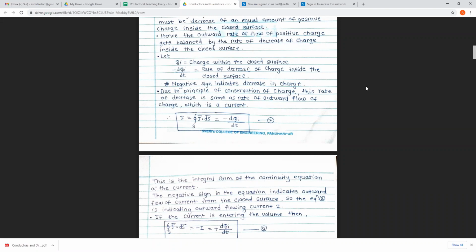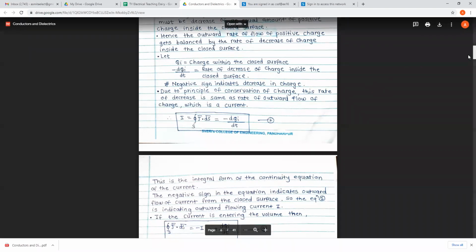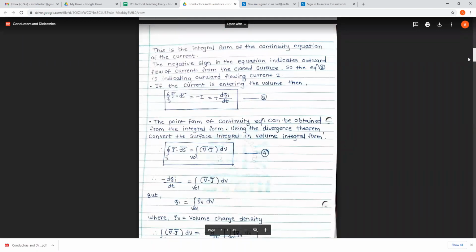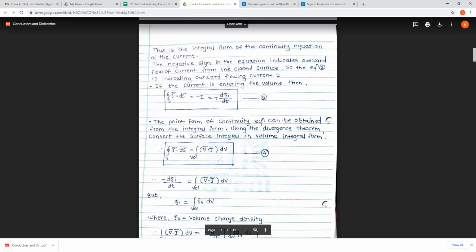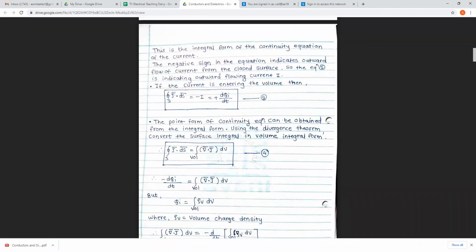So this is nothing but the rate of decrease in the charges inside the closed surface. The negative sign in the equation indicates outward flow of current from the closed surface, so equation 2 indicates the outward flowing current I.